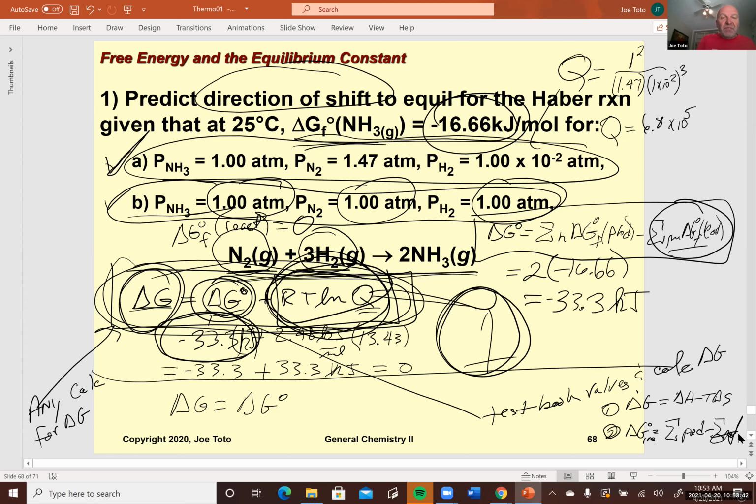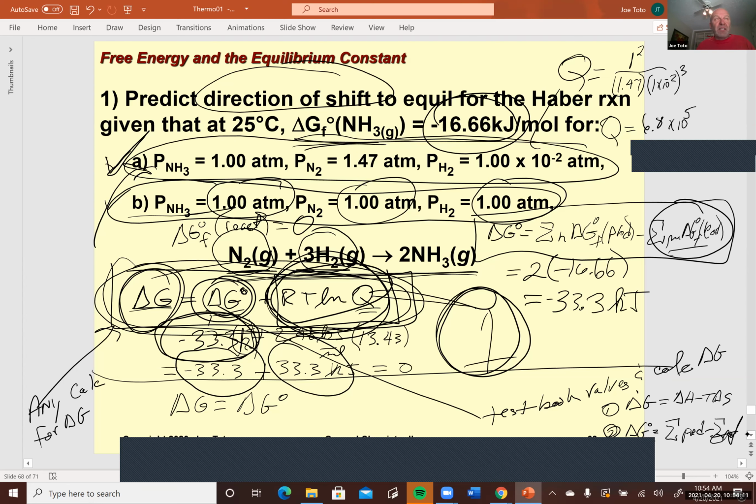So we put these values in here, which are not standard values, and it turned out that what they were equilibrium values, because when we calculated the RT ln Q, it equaled an opposite sign of the standard delta G. So then we recognize this as being equilibrium concentrations.